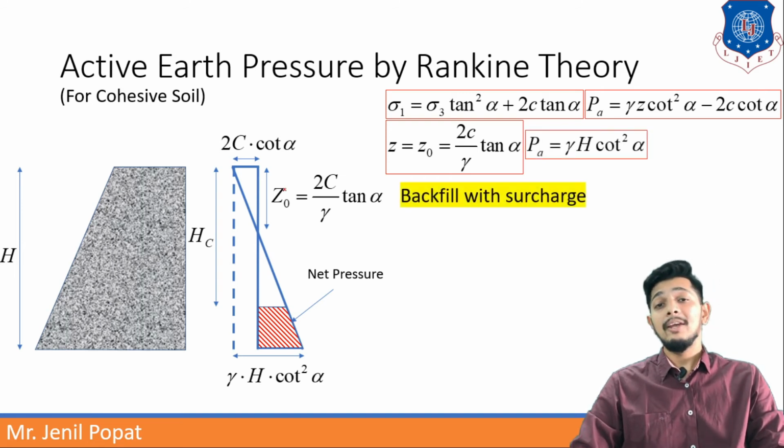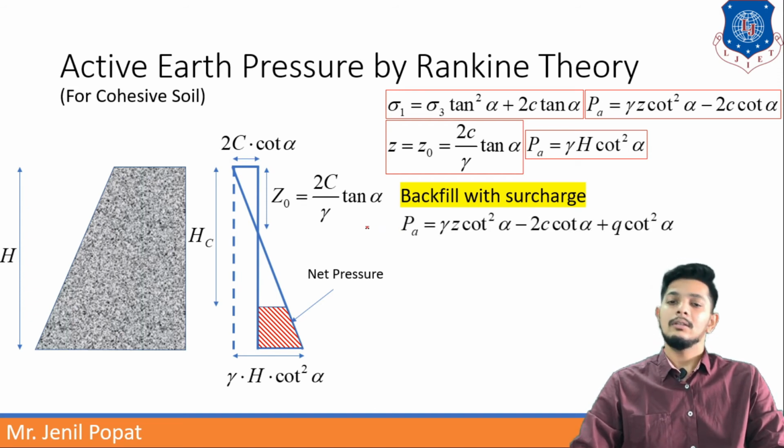Now, if the backfill is with surcharge in the case of cohesive soil, then I will calculate PA is equal to gamma Z cot square alpha minus 2C cot alpha, plus we have to add the backfill term, which is K into Q or Q into cot square alpha.